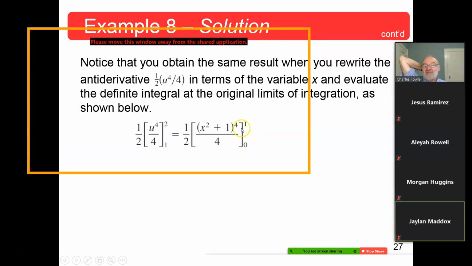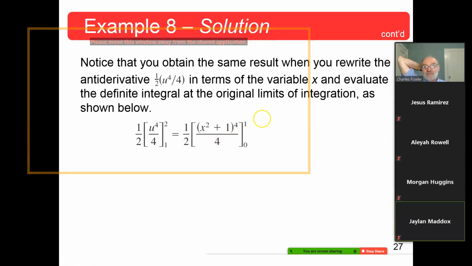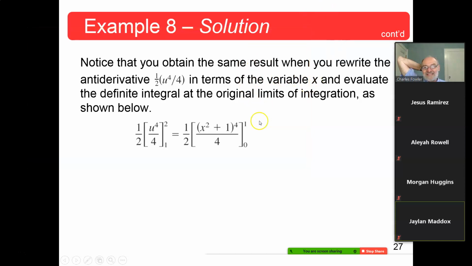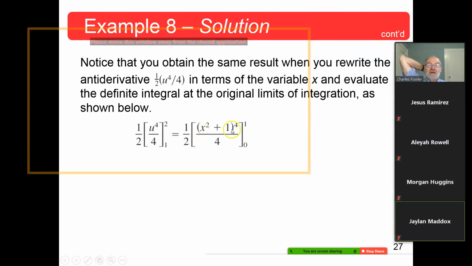And if you did this, then this would be 1/2, that's still there. And you plug the 1 in here, 1 squared is 1 plus 1 is 2. 2 times 2 raised to the 4th power is 16 fourths. That would be your 4. Minus, and you put a 0 in for x, you get 1/4.